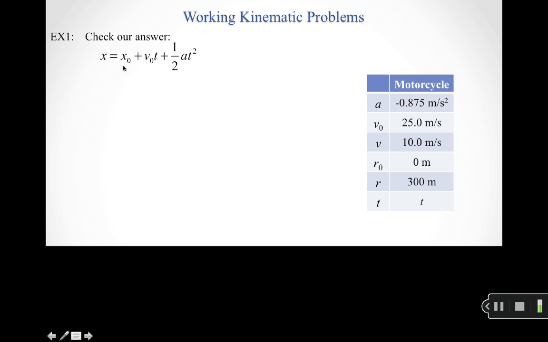I can use this to check my answer, because if I plug in my value for the acceleration and the time that I've solved for, do I get the correct final position? And in this case, sure enough, plugging in everything, calculating it out, I get that my motorcycle ends up 300 meters further down the road after it slows to 10 meters per second, which is exactly what I know I need to get.